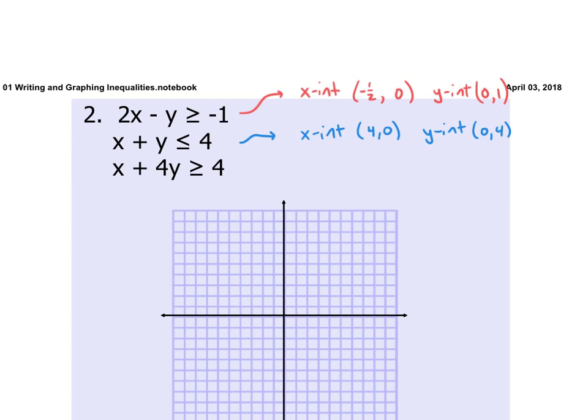And then for our last one, sort of limited on colors, I apologize. So for my last one, I have my x-intercept. That is, again, when y is 0, so x must be 4. And for my other one, I have my y-intercept, which is 0 and 1.